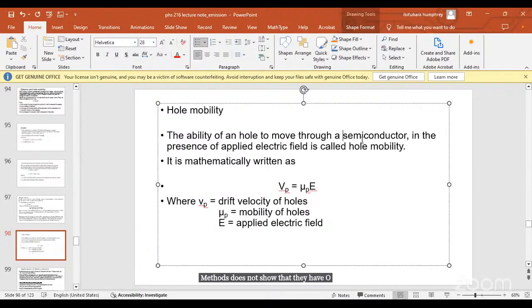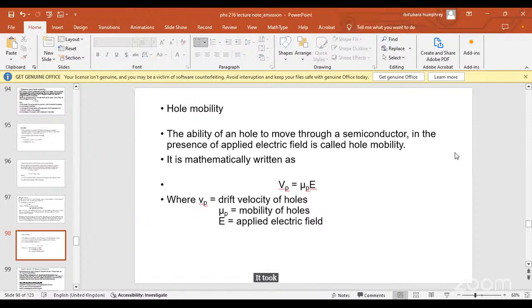That is why it took until semiconductors were discovered before we knew that there is another charge carrier in the name of hole. So drifting or moving through a semiconductor in the presence of an electric field is called hole mobility.